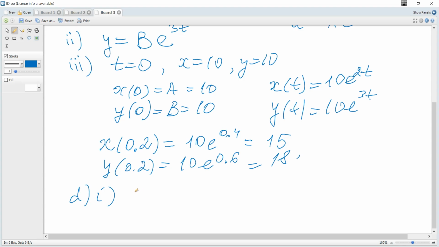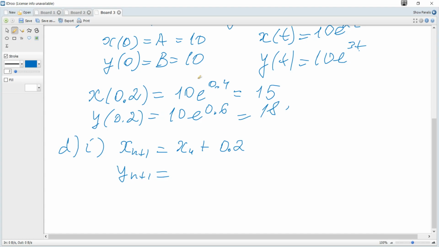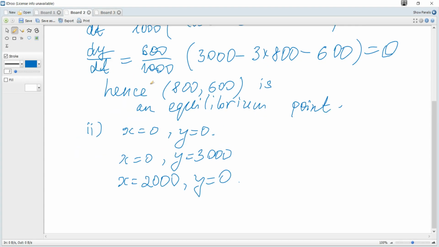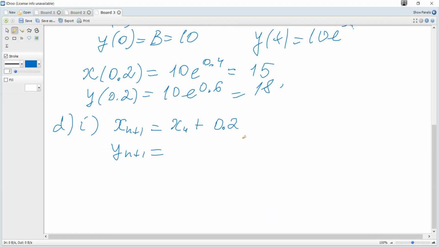Write down the expressions for x n plus 1 and y n plus 1. Just using Euler's formula, it is given in the data booklet, and it says that the next value of a function is the current value xn plus step, here 0.2, times the derivative at the current point, and the derivative is dx over dt. We just use this and just rewrite.